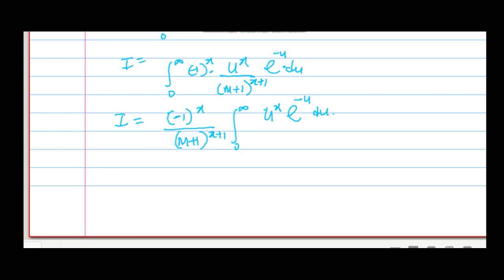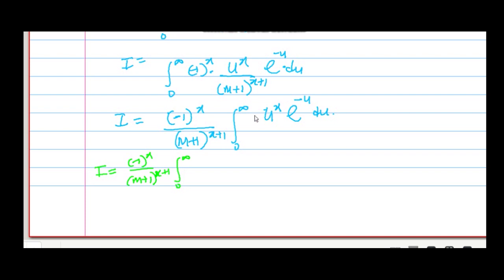So at this point, I is going to be equal to minus 1 raised to the power of x divided by n plus 1 raised to the power of x plus 1, integral from 0 to infinity.